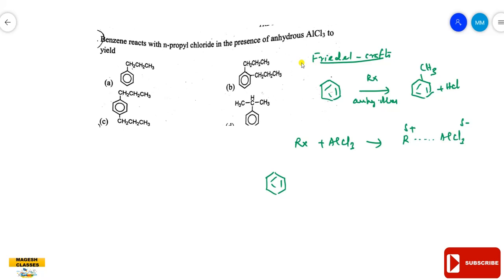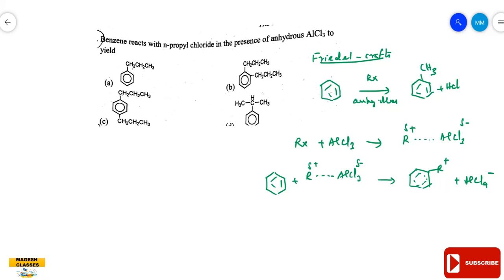The positive end of the alkyl approaches the benzene nucleus. You get the R+ ion formed, and here you get AlCl4 minus.